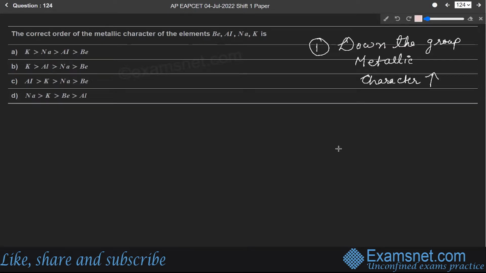They have given a mixed question with beryllium, aluminium, sodium, and potassium. If this question is asked in this way, you can solve it in this way.